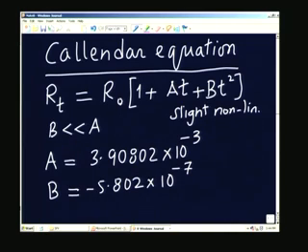So, you will appreciate now that when we use the resistance thermometer over a wide range of temperatures, the nonlinearity is going to become important, okay, because B is going to multiply by the square of the temperature, and the square of the temperature, if it is 100, for example, becomes 10 to the power 4. If it is more than 100, it becomes even greater than that, and therefore, I am multiplying this actually by a factor of 10 to the power 4.